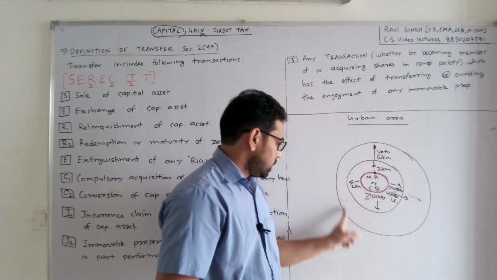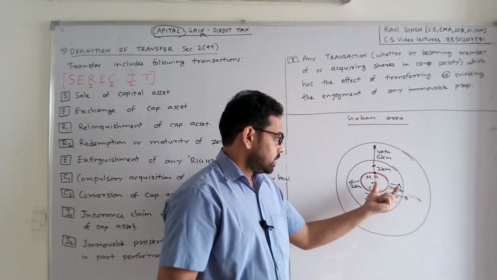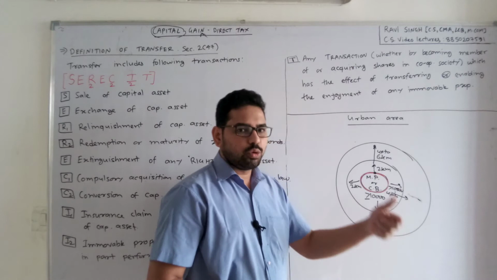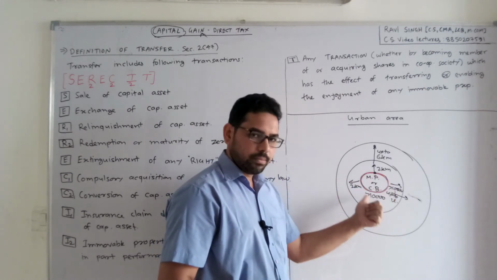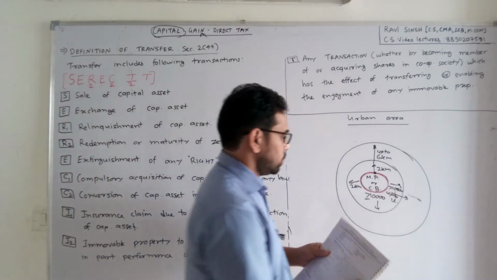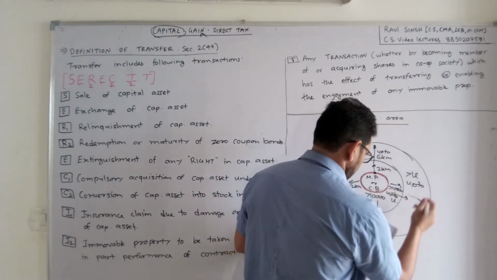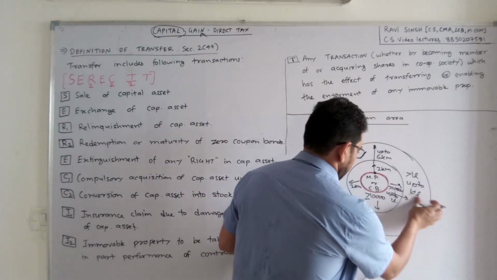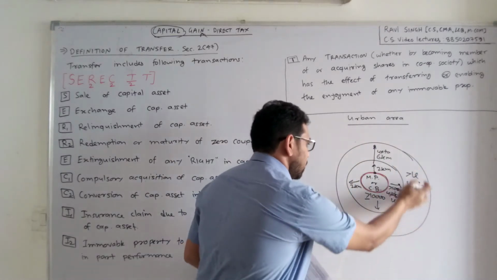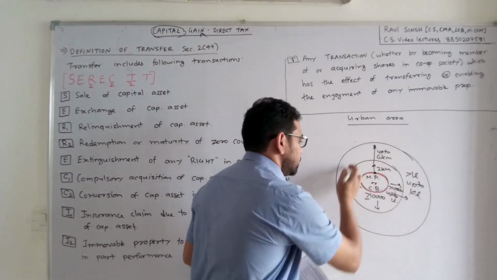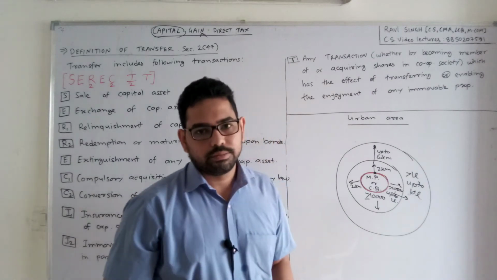So this is the area which is up to 6 kilometers far from this area and has the population of more than 1 lakh and up to 10 lakhs. So this area will also be considered as urban area.